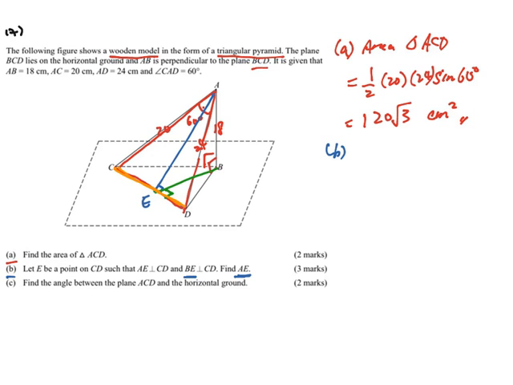If you consider triangle ACD, we can use the cosine formula. That means CD square is equal to 20 square plus 24 square, minus 2 times 20 times 24 cosine of the angle 60.